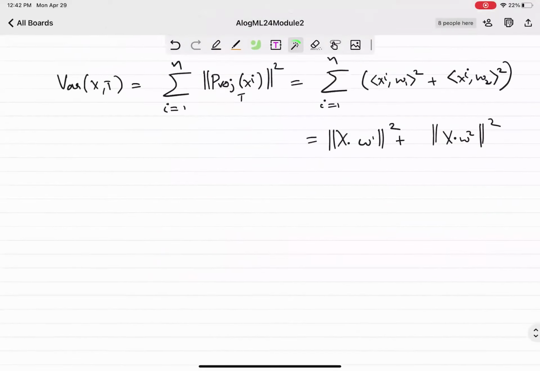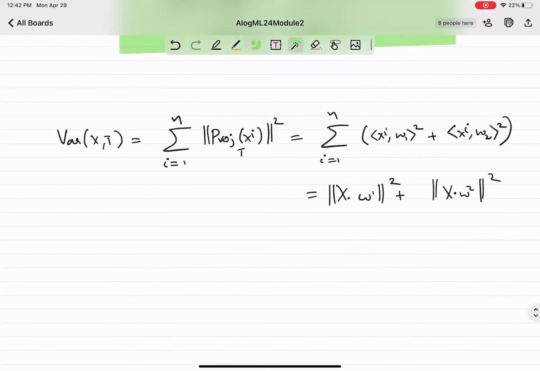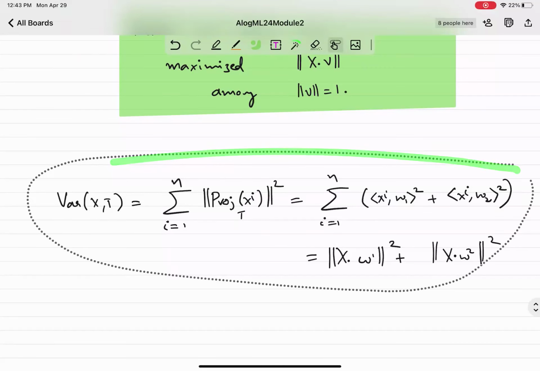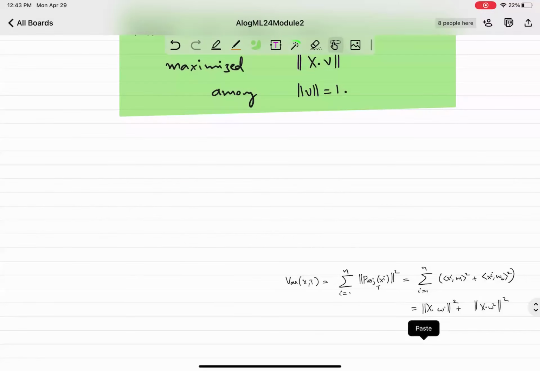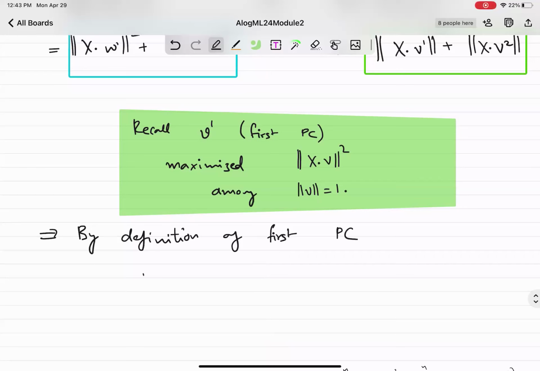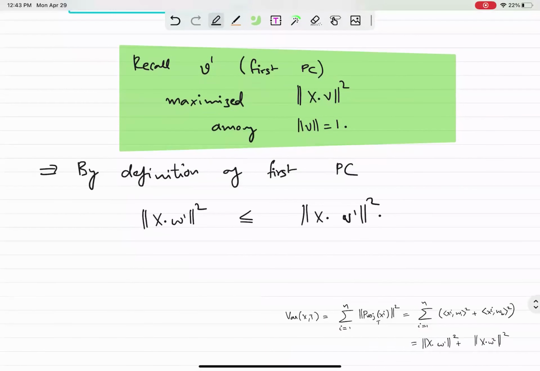Okay. So maybe let me move this here. By definition of the first principal component, this must be true, and the same for the other one.